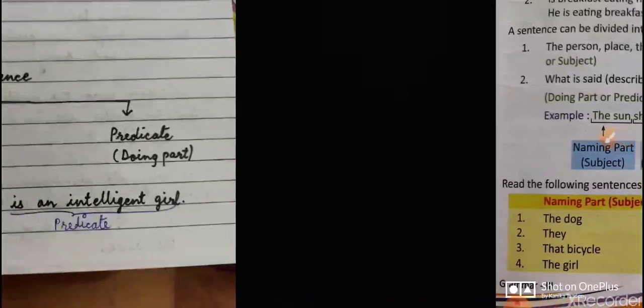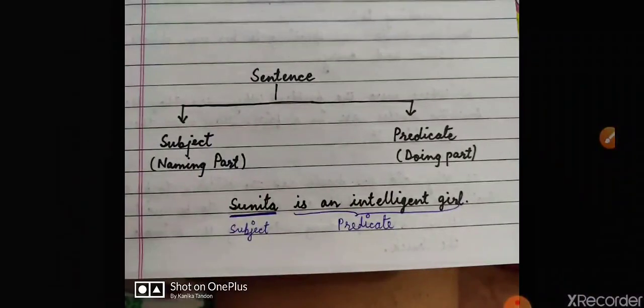For example, the sun shines bright. Let me give you another example. A sentence is a group of words that has been put in a very correct order and makes a complete sense. Right. Now there is one random example, which is "Sunita is an intelligent girl."